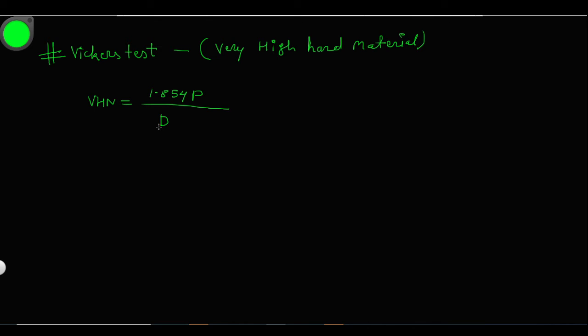whole square. So the principle is measured based on the indentation diagonal. See here, the indentation tool is like this, and a diamond indenter tool will be used here. So this is the shape.